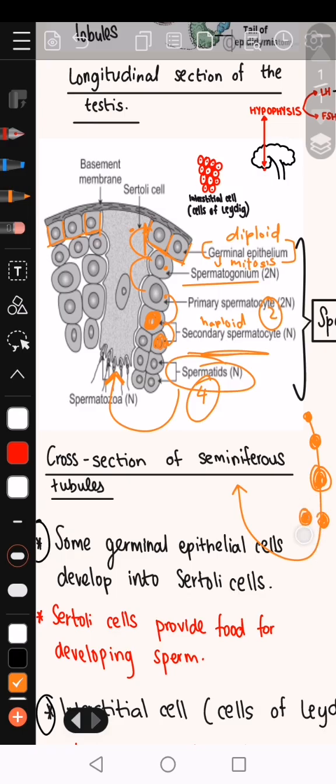Those will undergo the second meiotic division and give rise to four non-mature spermatids. These spermatids then undergo maturation and growth to give us our four mature, haploid spermatozoa.